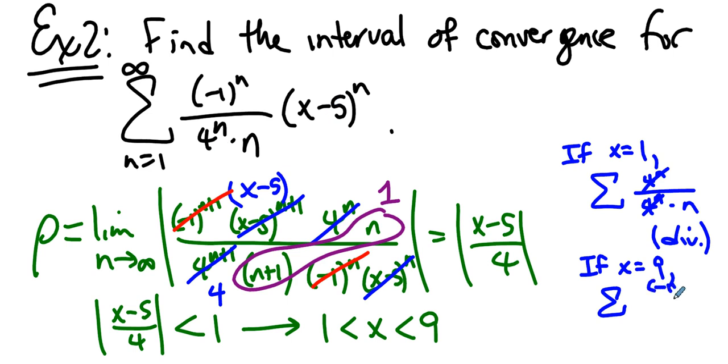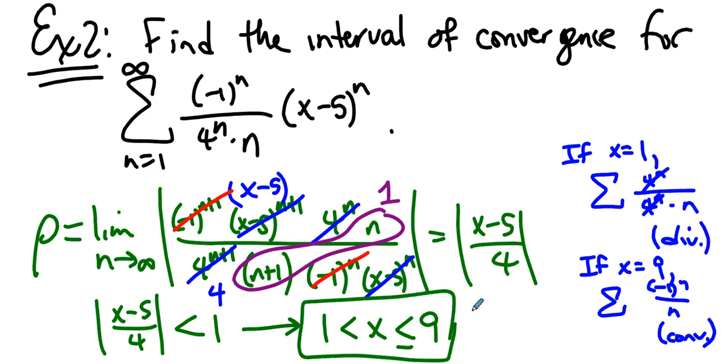That drops. And we have the harmonic series, but it alternates. The alternating harmonic series converges, so the interval of convergence is from 1 to 9, including 9.